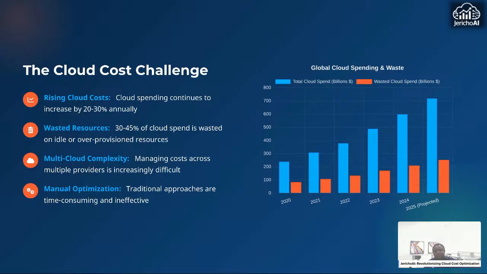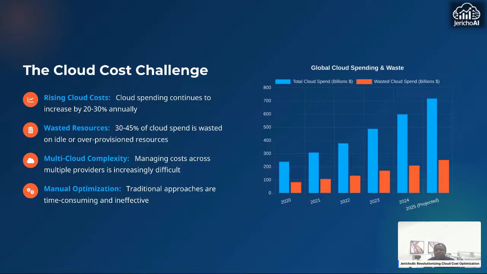You are on AWS, you are on Azure, you are on GCP and all that. As a result of that spread, because businesses are looking for where to get these resources from, managing costs across multiple providers is increasingly difficult, technically speaking. And therefore, a lot of things are ignored, and people are not aware of that.